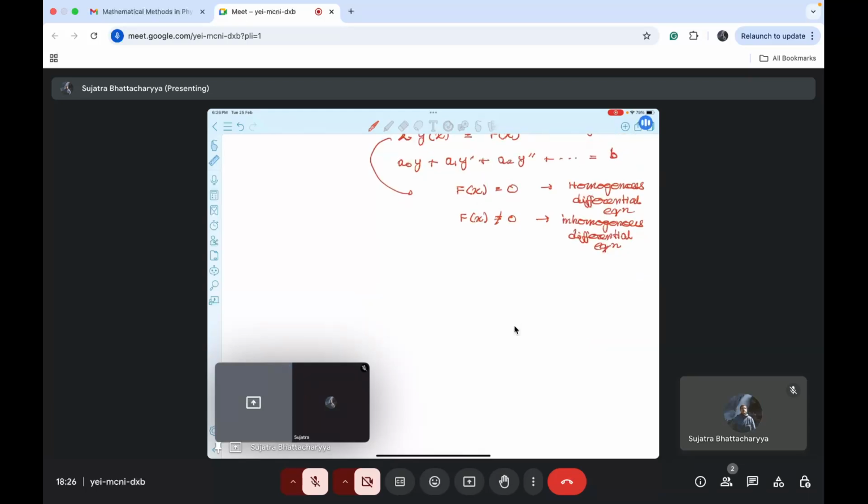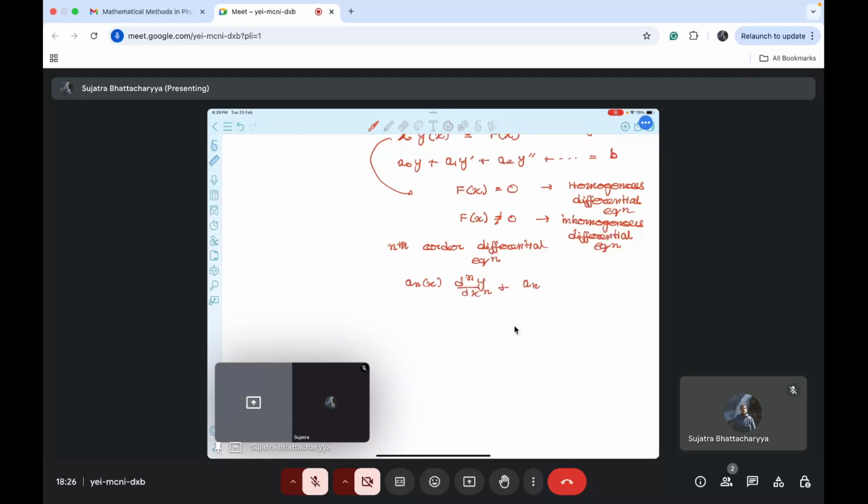Okay. So then how do we write the nth order differential equation? Very simple. The nth order differential equation can be written as an of x, it can be constant also, it doesn't matter, times d^n y/dx^n. Nth order derivative should be there.